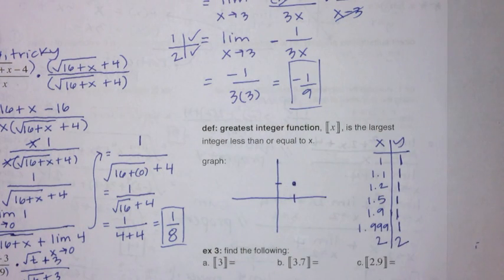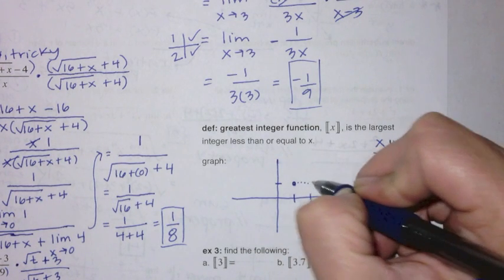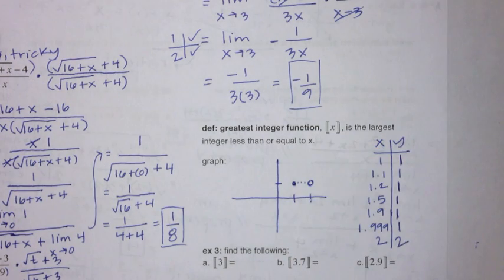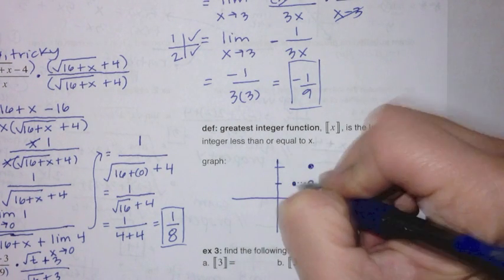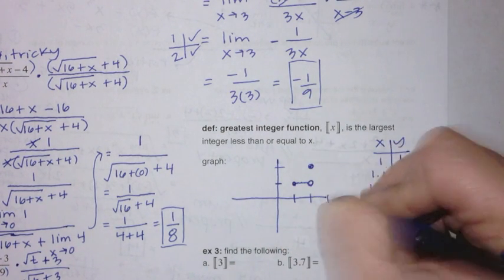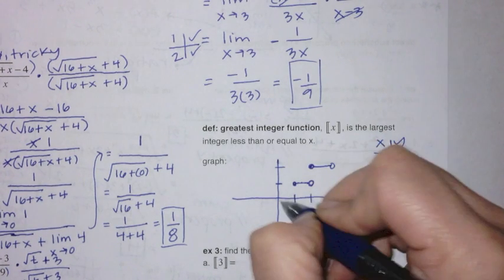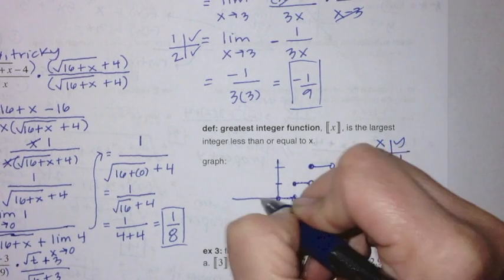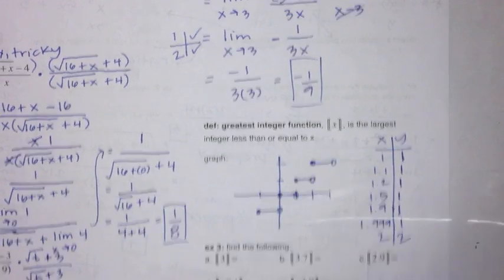So there's a closed dot. And then at 1.1, it's 1. So we get 1s all the way until we get to 1.999. And then it's going to jump up to 2. So that's what it's going to look like. And it's going to repeat that step pattern infinitely. And it's going to go back the other way like that, etc.